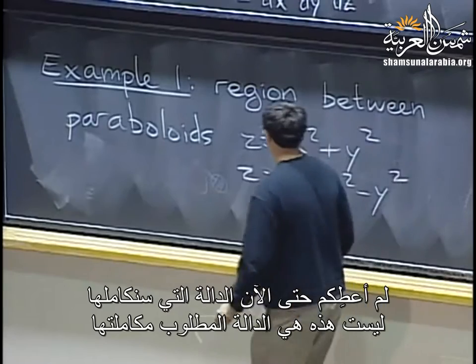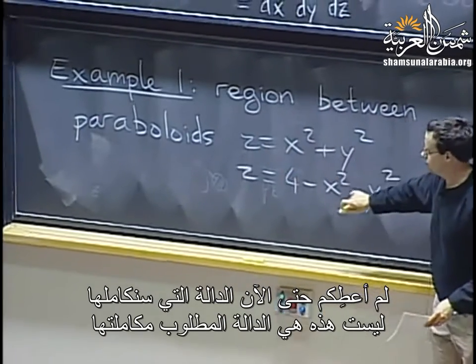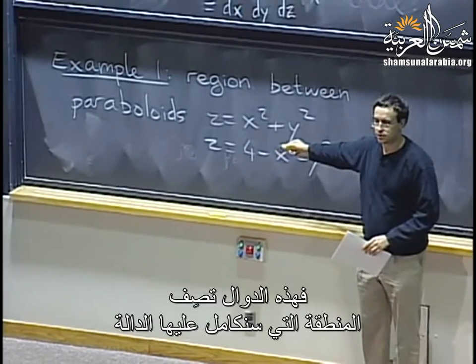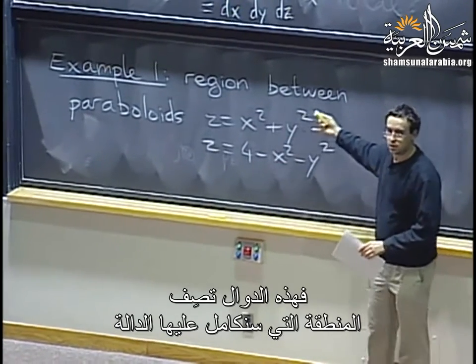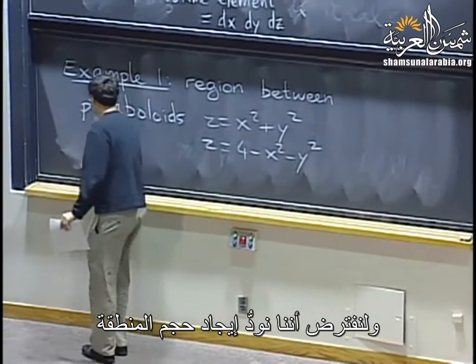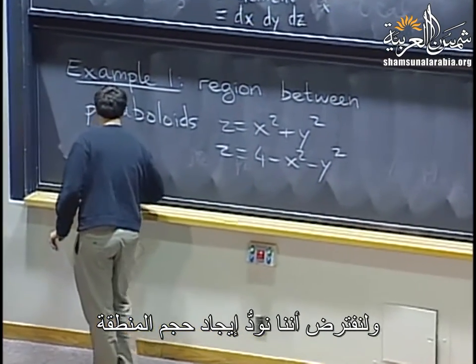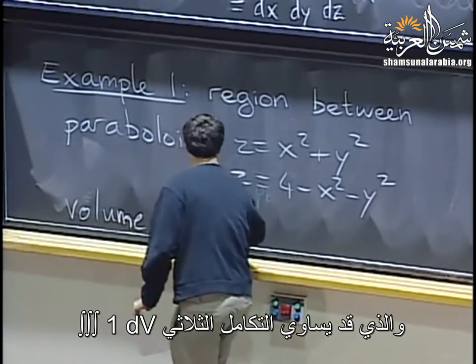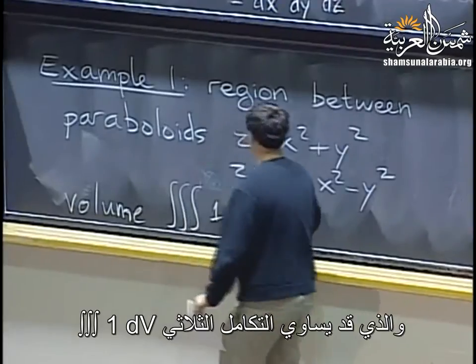And so I haven't given you yet the function to integrate. This is not the function to integrate. This is what describes the region where I will integrate my function. And let's say that I just want to find the volume of this region, which is the triple integral of just 1 dv.